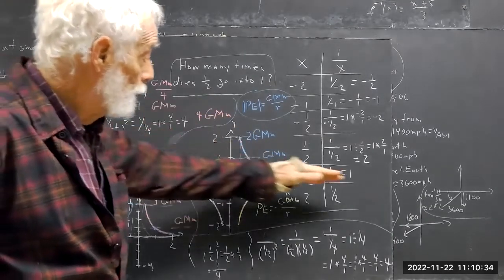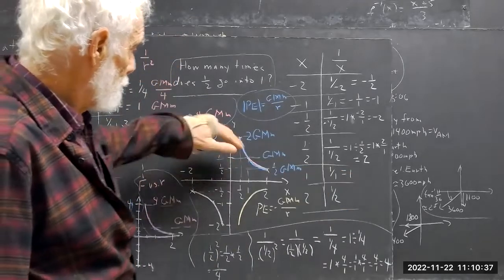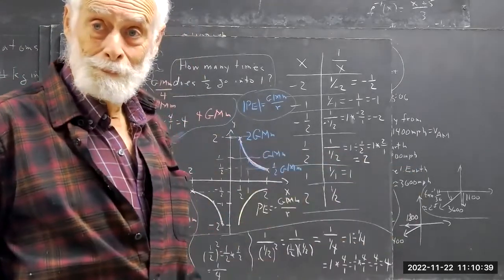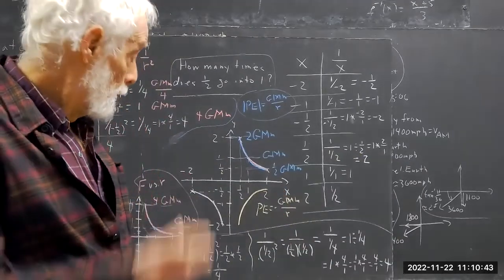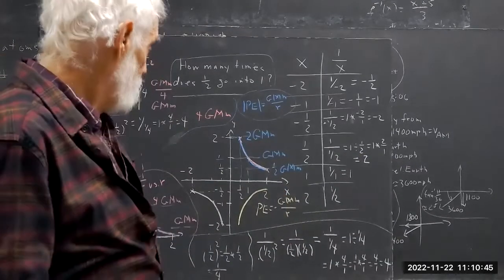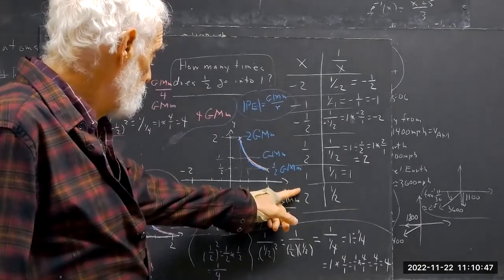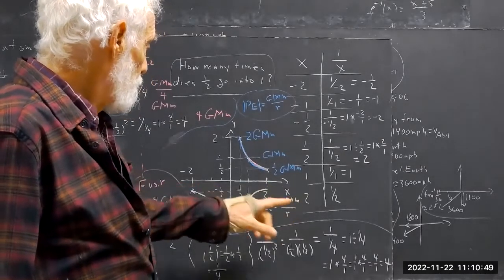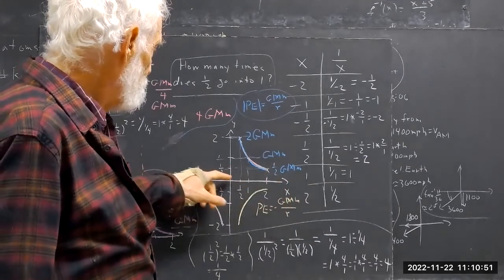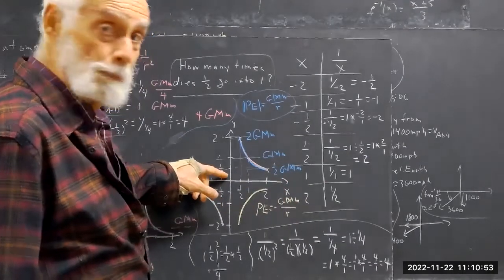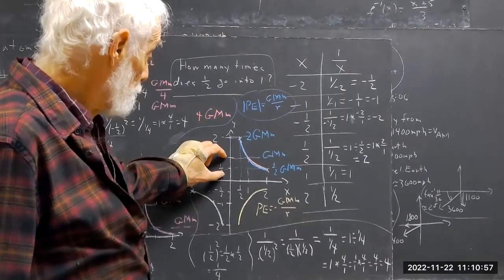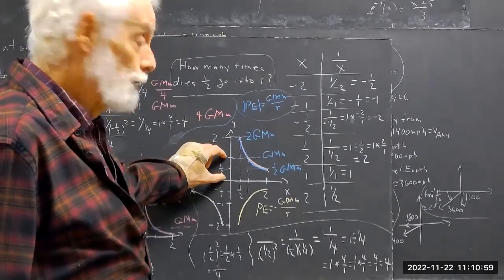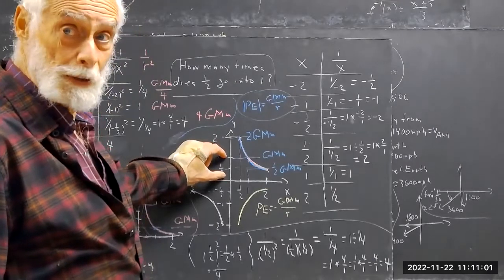Now this graph keeps going, and of course it gets really flat, approaches the x-axis with an asymptote. So if you want to get out to 3 Earth radii, well, the amount of fuel you need is down to where 1/3 is here, so you need this much fuel. If you want to go to 4 Earth radii, well, you need 1/16 as much, or 1/4 as much, okay?